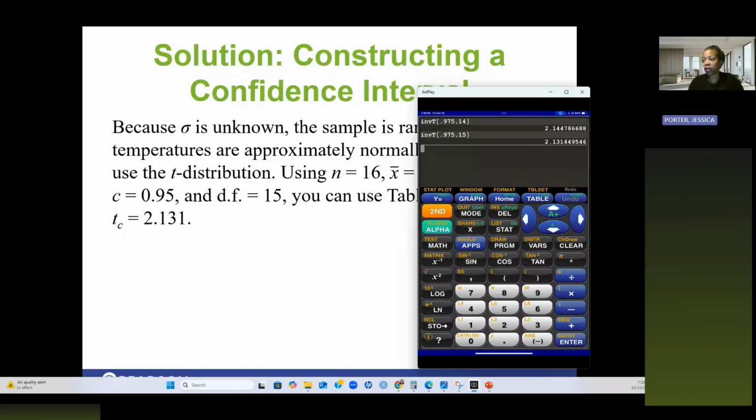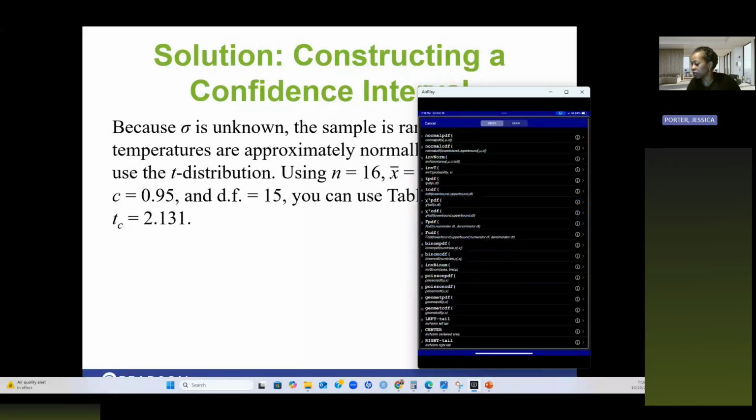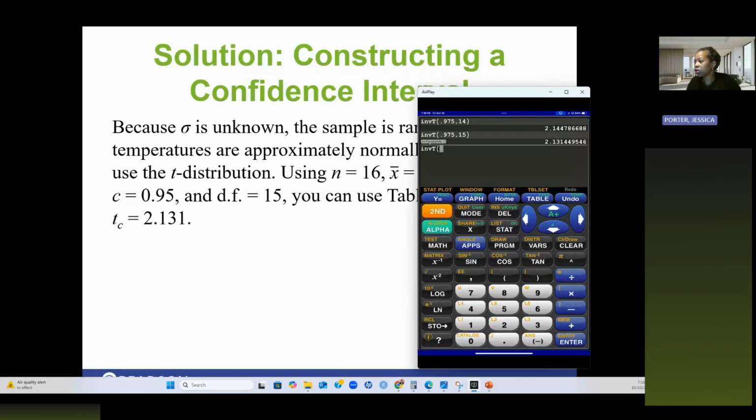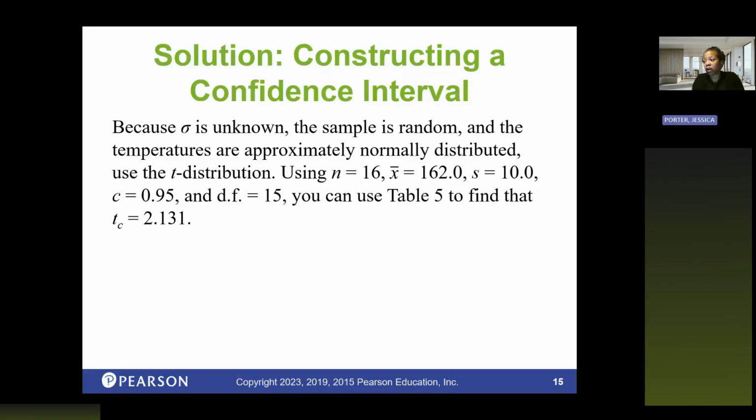So I'm at 2.131. So inverse T, second VARS, if you didn't catch that from before, option 4, 0.975 and 15, my degrees of freedom. So we get a T critical value of 2.131, and you can find that in the table as well. Like they're giving you table 5, you can find that there.